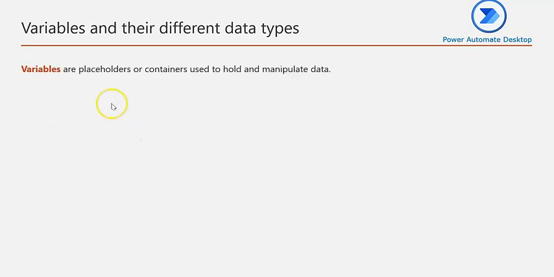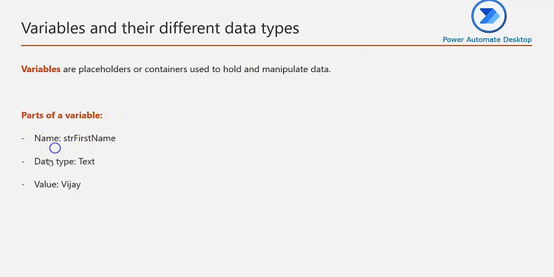A variable is a placeholder or a container that is used to store data or manipulate the data within that variable. The different parts of a variable are: it has a name, what data type it is, whether it's a text, number, and so on, and what the value of that variable is. So in this example, the name is strFirstName. You can give any name as per the flow you are building.